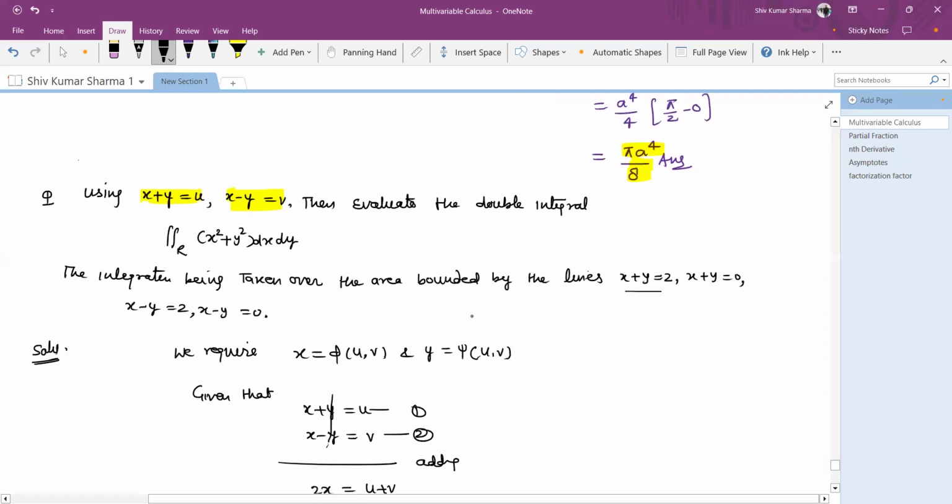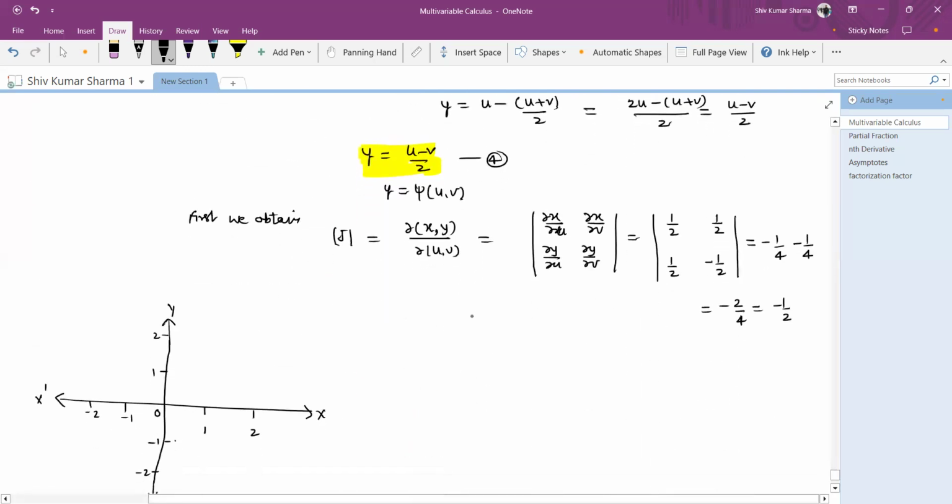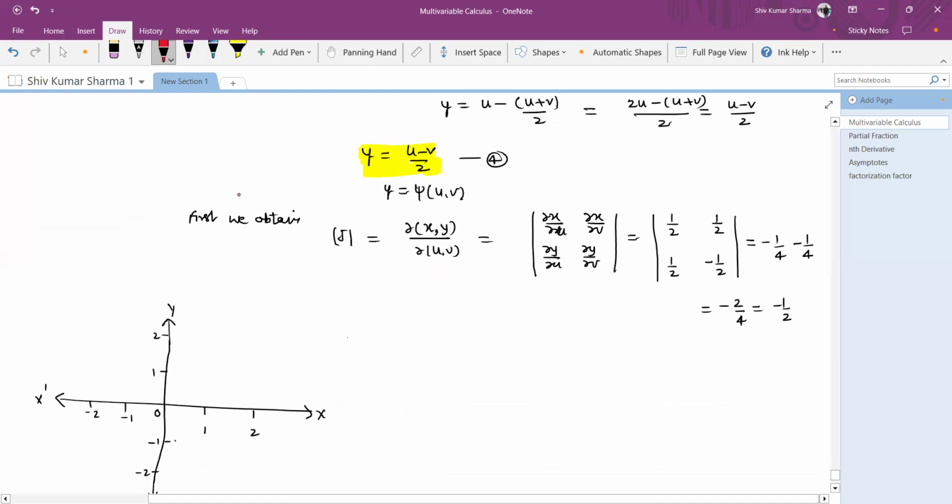Now, the region is bounded by the lines. The first line is x plus y equal to 2. So first we draw x plus y equal to 2. How to calculate the coordinates?